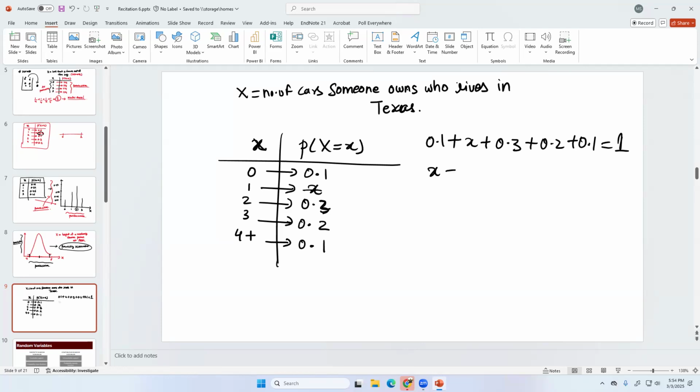So if this is true, then you can find X. It's 1 minus (0.1 plus 0.3 plus 0.2 plus 0.1). So questions like these could also be asked. I give you a probability distribution, but I leave one empty, and then you have to find it just using the basic logic that it must add up to 1. Okay.